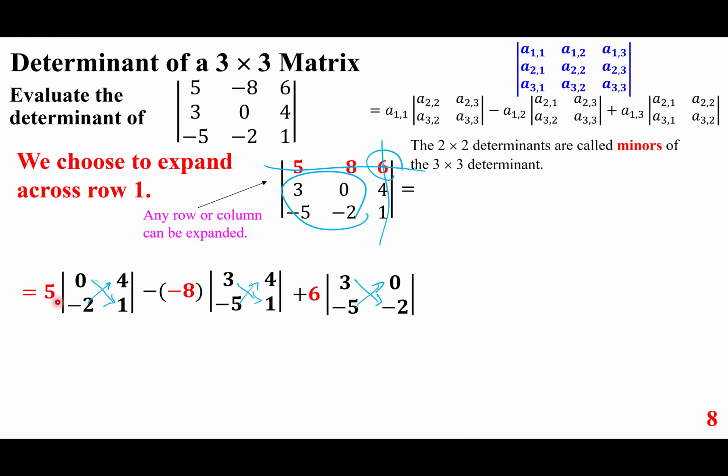So this one, 5 times this is 0 minus -8. This is plus 8. 3 minus -20. This is plus 6. Minus 6 times minus 0.